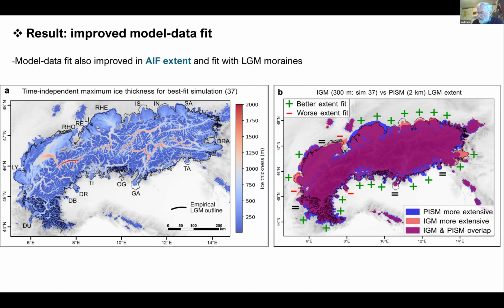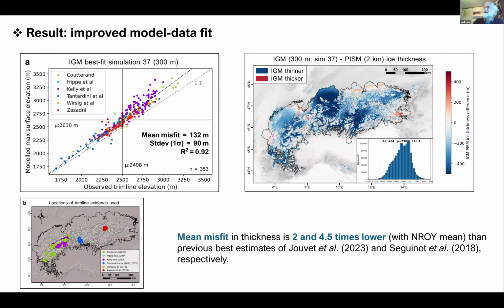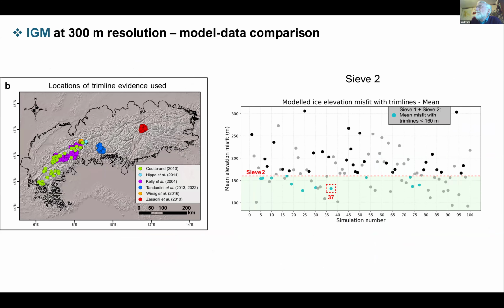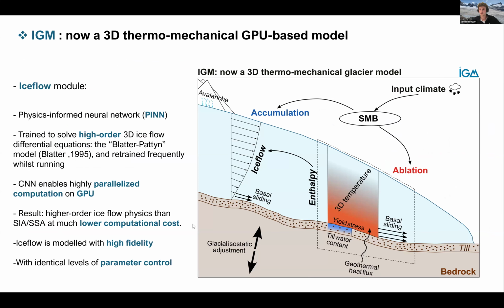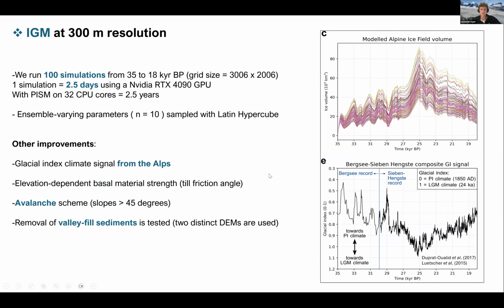A very simple one. You have a 25 Ka maximum for ice volume, which is the same as the minimum for the temperature input. I just wondered why there wasn't any time lag in the ice buildup. I might expect maybe hundreds or 1,000 years of time lag there. Yes, that's a great question. So it relates to this. Here we have the ice volume for the 100 simulations.